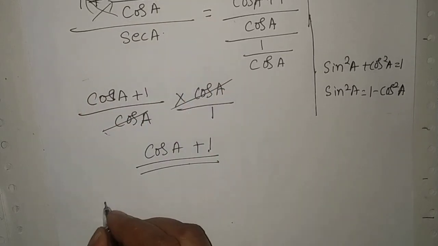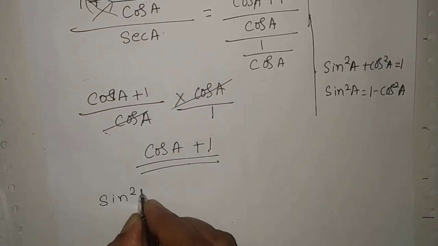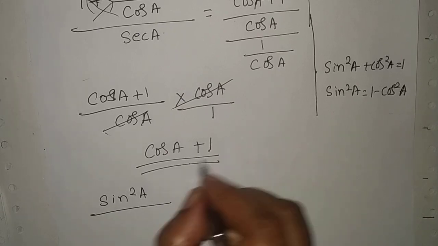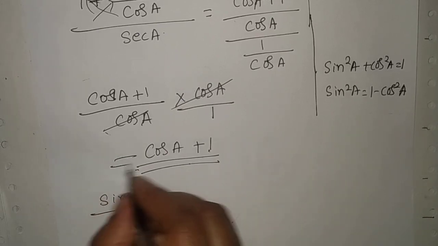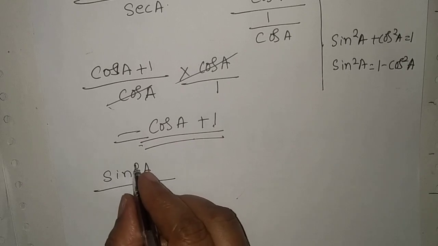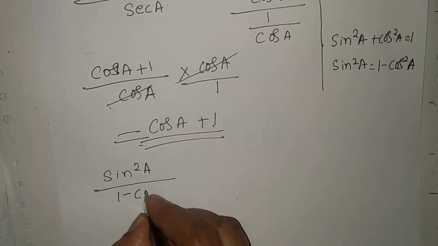Now we will take the other side, sin square A by, so this answer, one answer we got for this. And we will equate LHS to RHS.